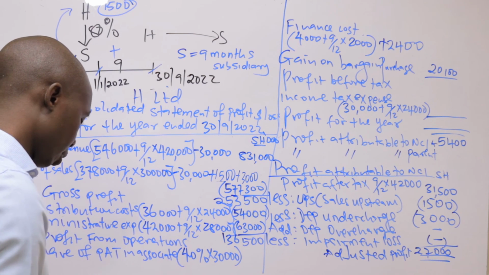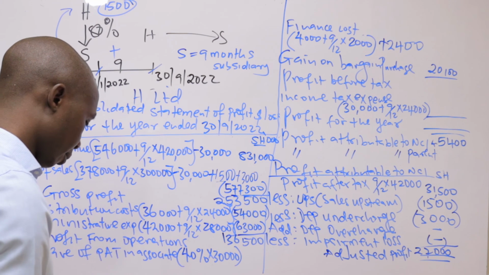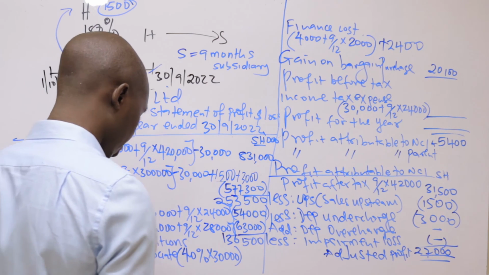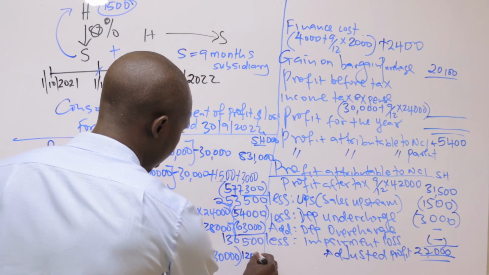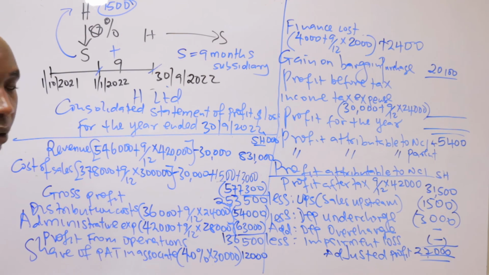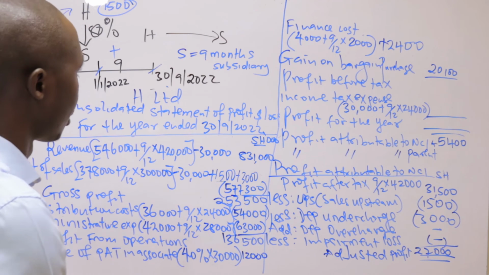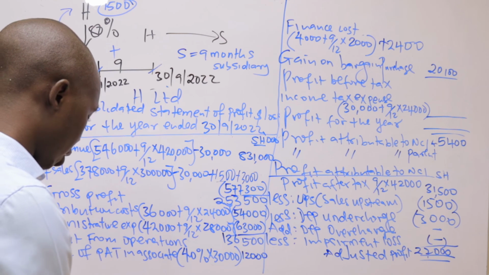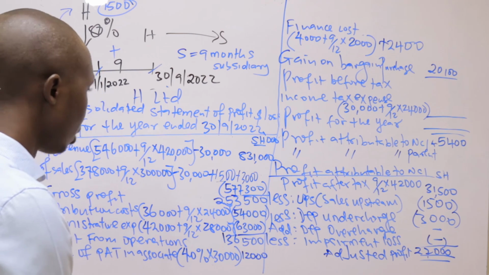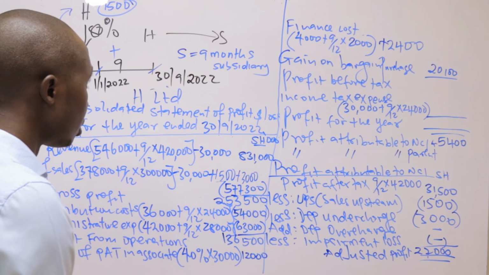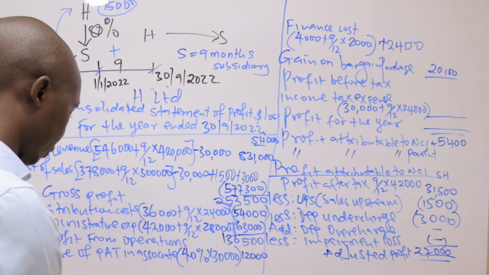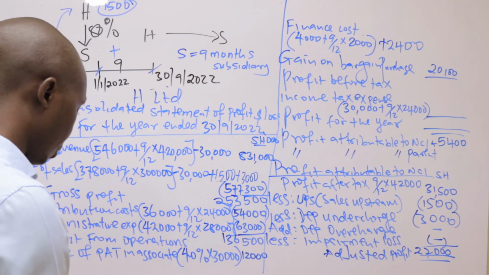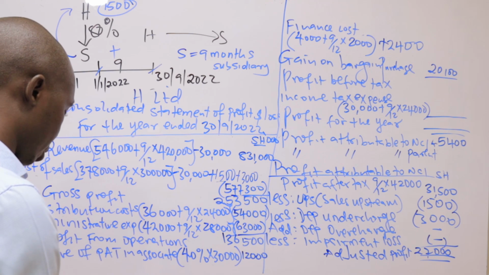40% of 30,000. This is 12,000. Then 9 over 12 times 2,000 plus 4,000 plus 2,400.